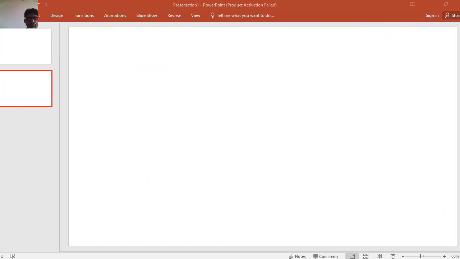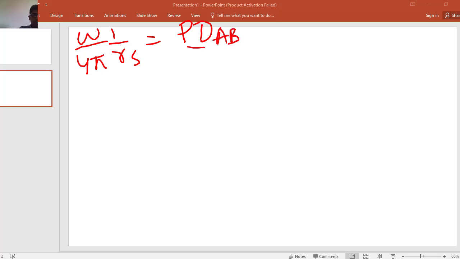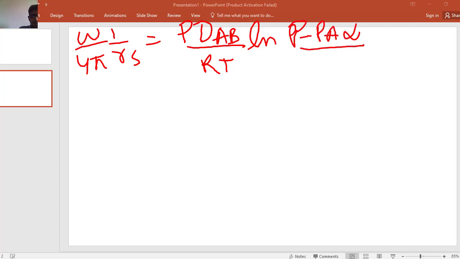So W divided by 4 pi times 1 over RS is equal to P dAB divided by RT ln of P minus PA infinity over P minus PAS.